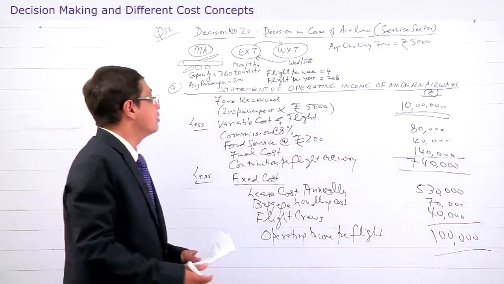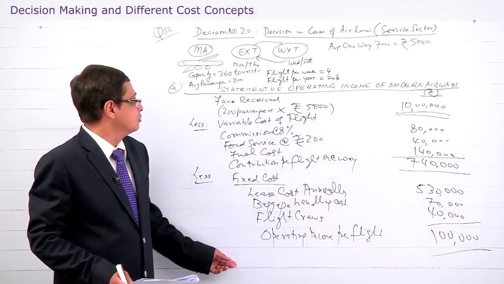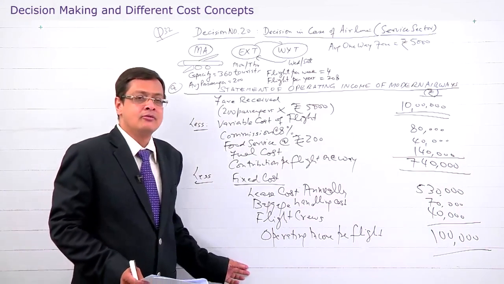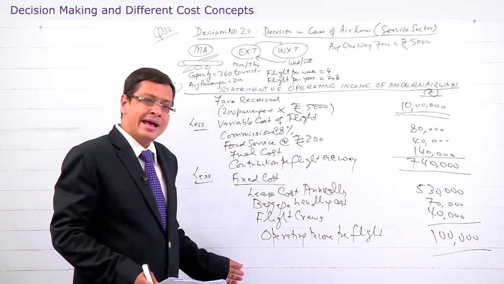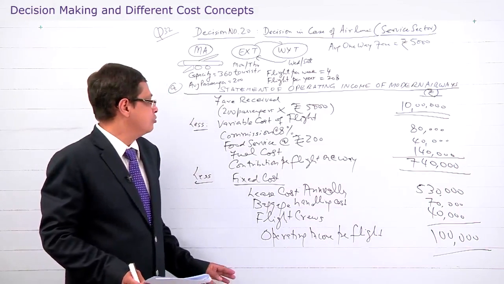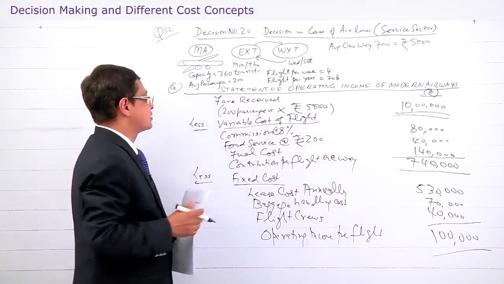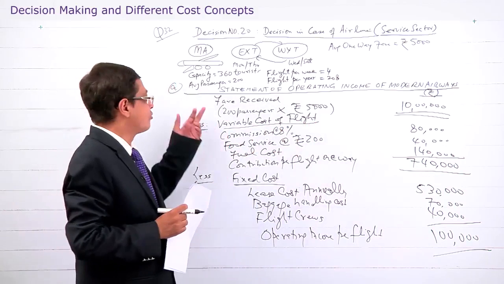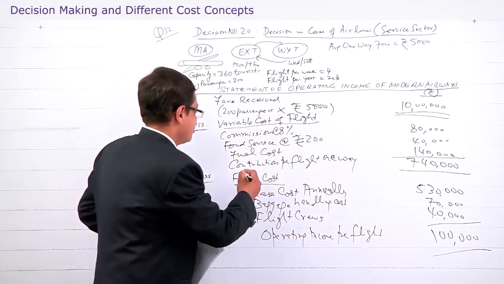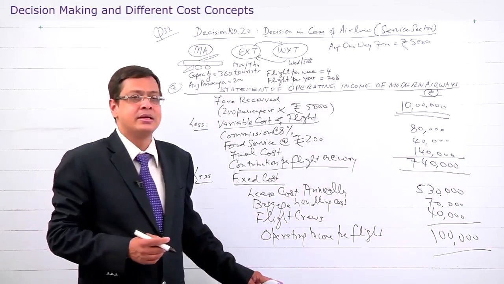So this is the first part of the solution, which tells you that the operating income of Modern Airways in one way flight from X town to Y town is rupees 1 lakh. I hope you must have understood, friend. You must have noticed it is the same calculation: from sale price you are reducing the variable cost, you get the contribution; from contribution you reduce the fixed cost, you get the operating income.